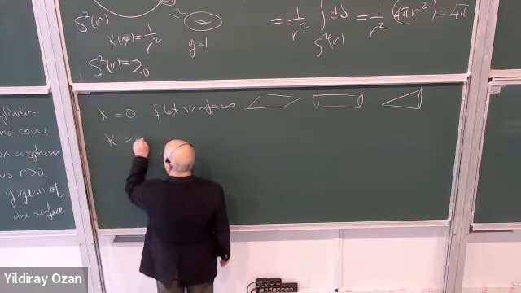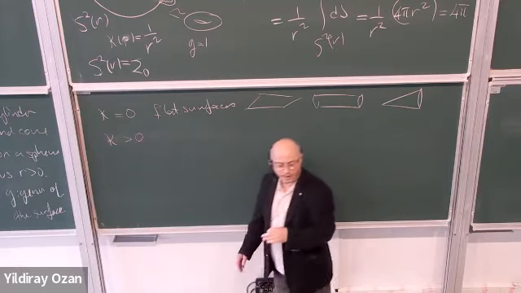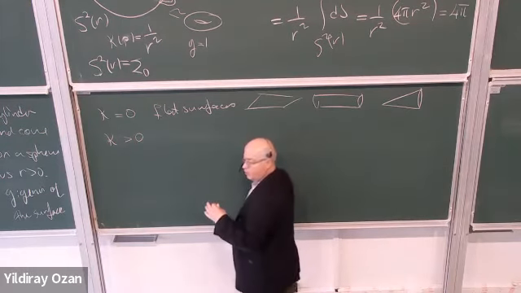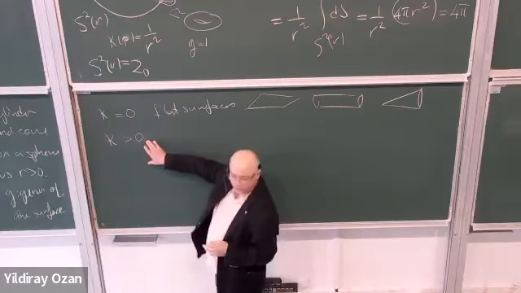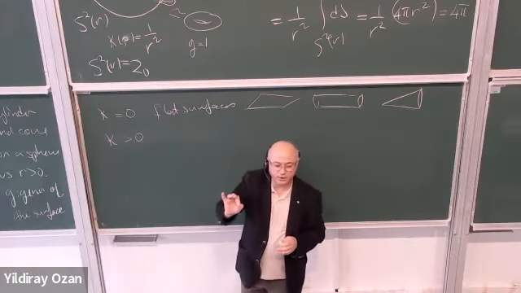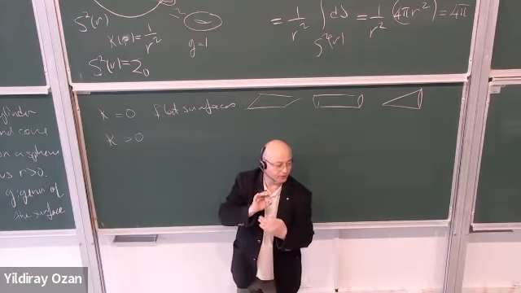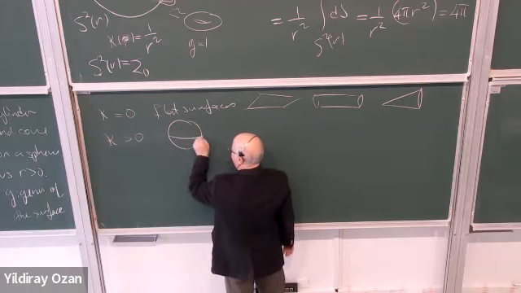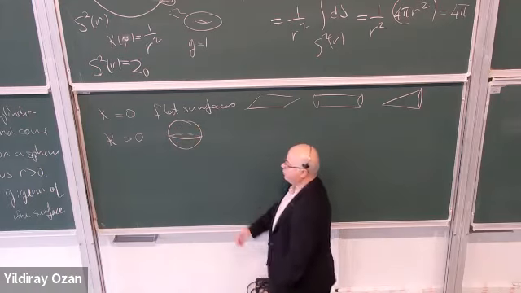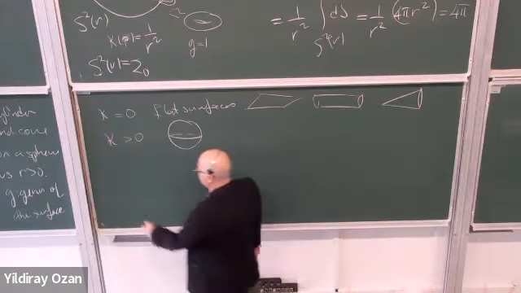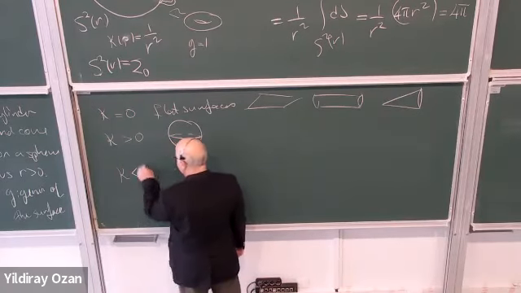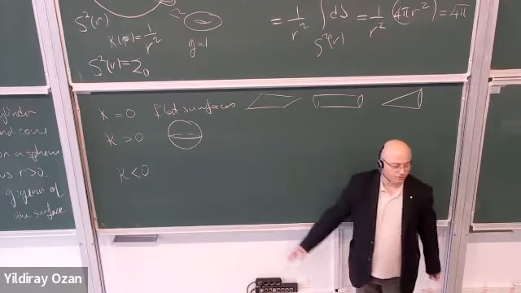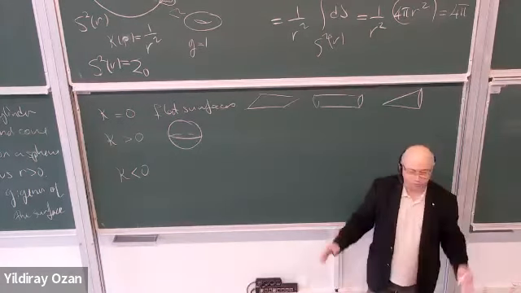And then we have surfaces with positive curvature. It's basically the sphere. So if curvature is positive at a point, then it looks like a sphere at that point. And for surfaces with negative curvature, well, for a long time people thought that such surfaces don't exist.